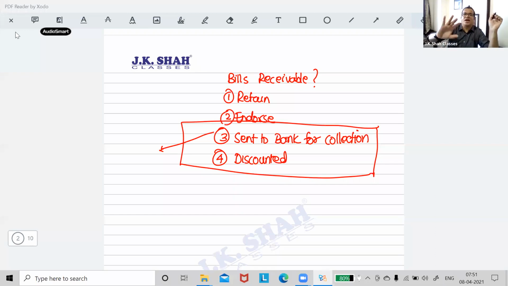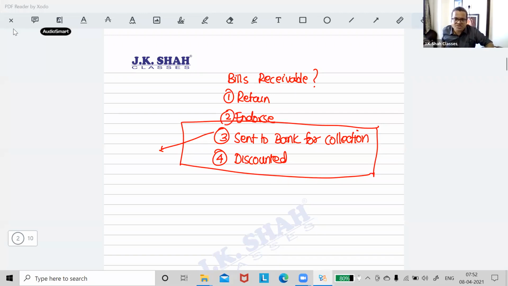So you are relieved from the process of collection. Will the bank do this for free? No, obviously not. They will charge some bank charges. These points are clear about bills sent to bank for collection.